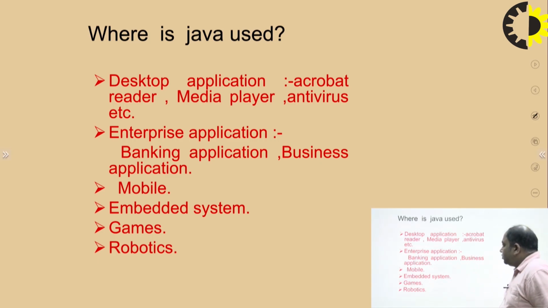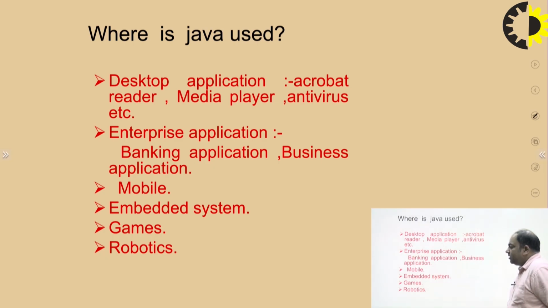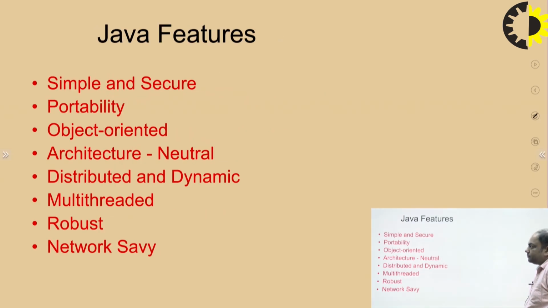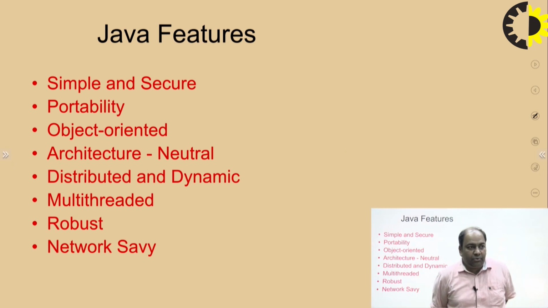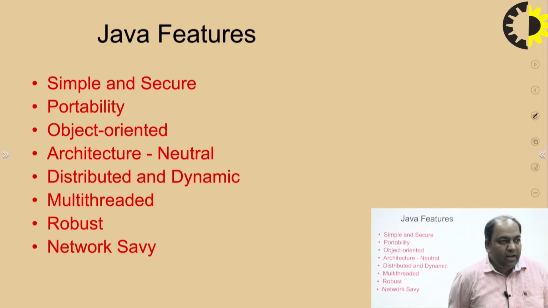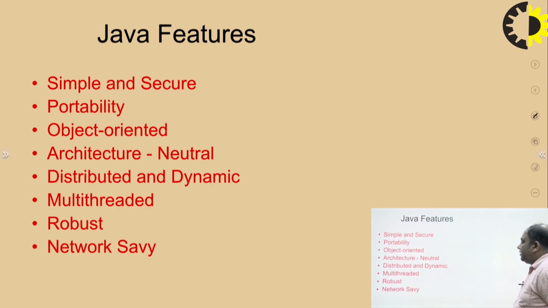So we can say that Java is used more or less everywhere, from our desktop applications to handheld and smart devices. Its features are: simple, secure, portable, object oriented, architecture neutral, distributed and dynamic, multi-threaded, robust and network savvy. I will define each feature one by one.